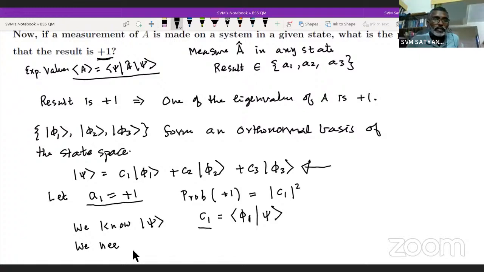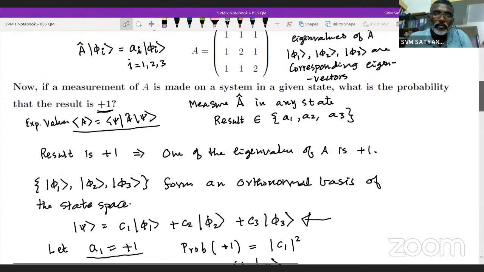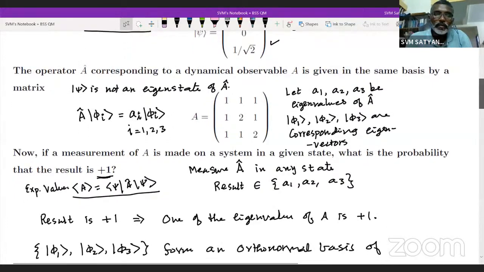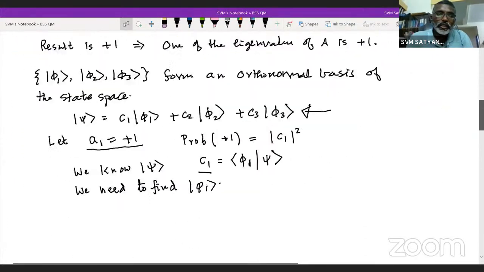We need to find phi 1. Okay. So that means you have to find out the eigenvector corresponding to the eigenvalue plus 1. Okay. So that is the only thing that I have to do.